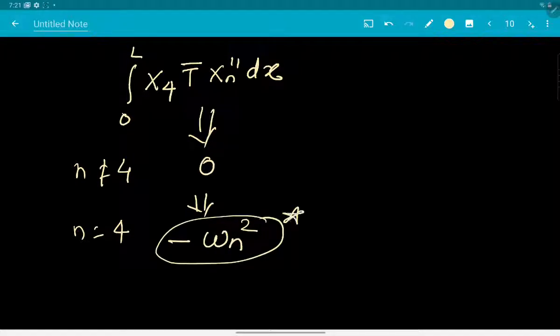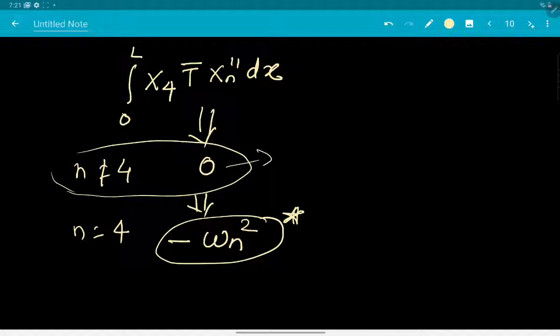You will be able to prove it for the particular case that we are considering. What you have to do is just plug in the values and you will be able to show that this is the result. So finally, for all other values you are getting 0, right?